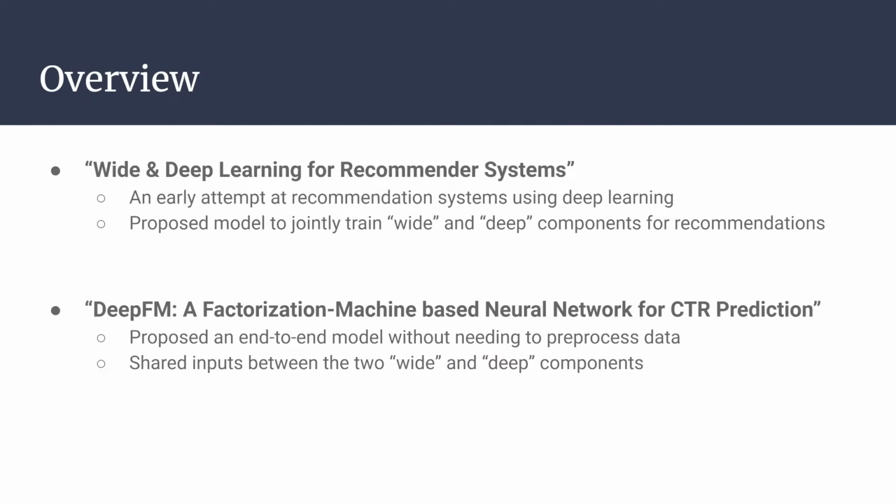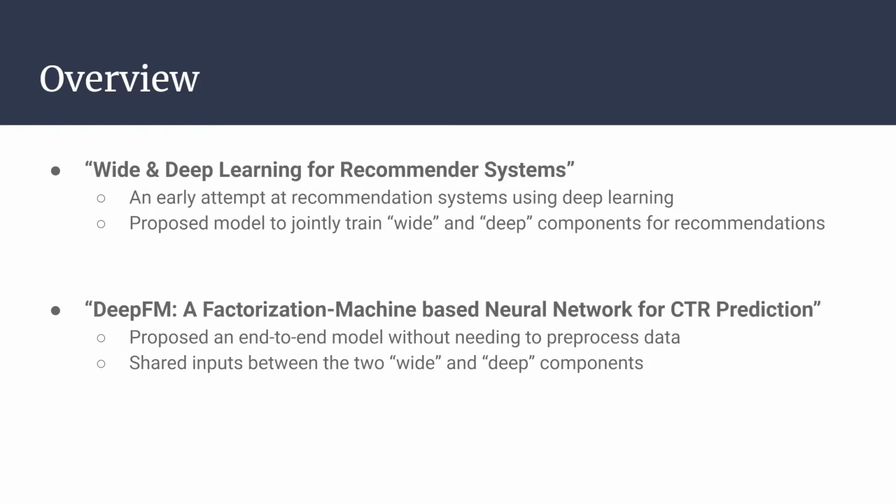For this presentation, I'm going to be going over 4 different approaches to recommendation systems with deep learning. So the first paper we're going to go over is Wide and Deep Learning for Recommender Systems, which was an attempt by Google. It was written in 2016, and their main contribution was proposing this model that could jointly train between a wide component and a deep component, which we'll go into the details of later on.